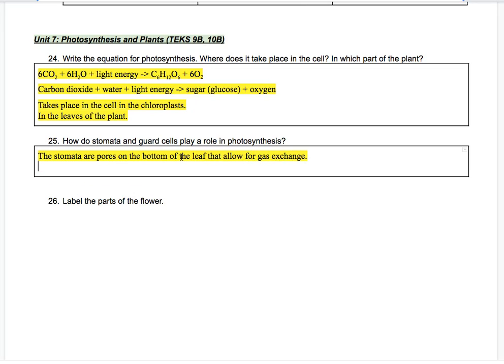The stomata are made up of guard cells, and these guard cells, when they're swollen, they're going to let carbon dioxide in and oxygen out.